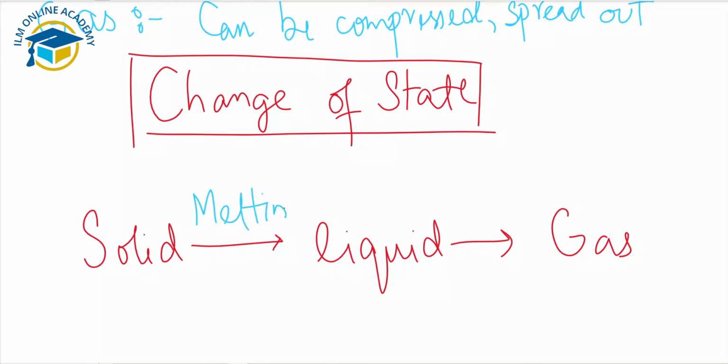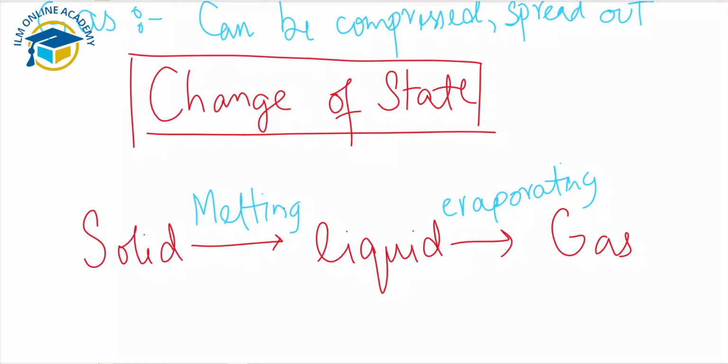So this one is melting, and when the substance changes from the liquid towards the gas, we call it evaporation. When the particles move from liquid to a gas state, we call it evaporation, and from solid to liquid, it is known as melting.